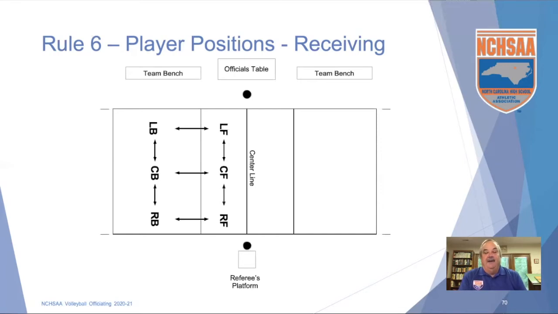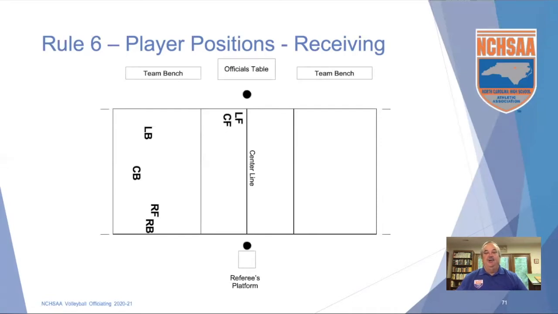I've added lines here to indicate the seven relative positions that we need to be aware of. The left front has to be in front of the left back; likewise center front, center back, right front, right back. And the left front has to be closer to the left sideline than the center front, and likewise for the right front. Pretty simple.